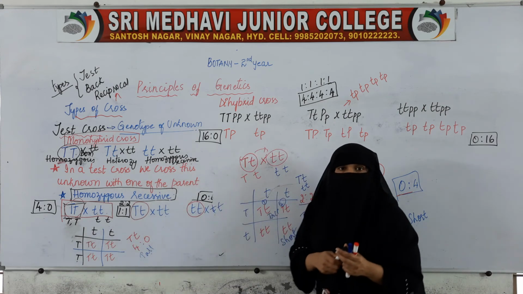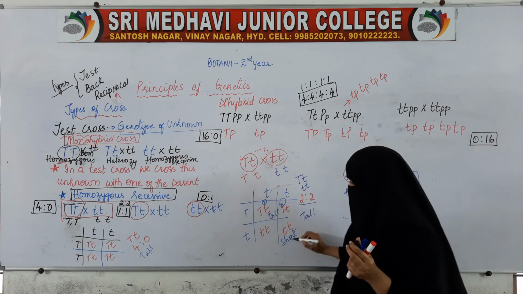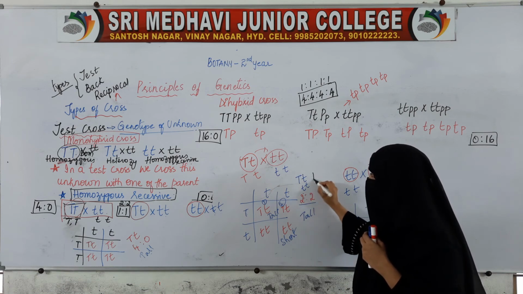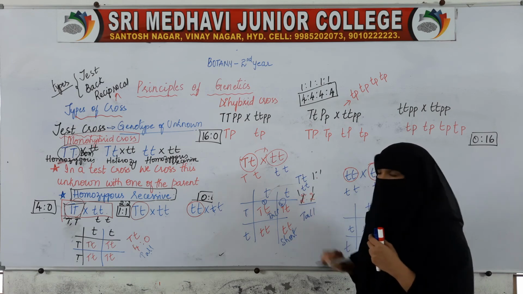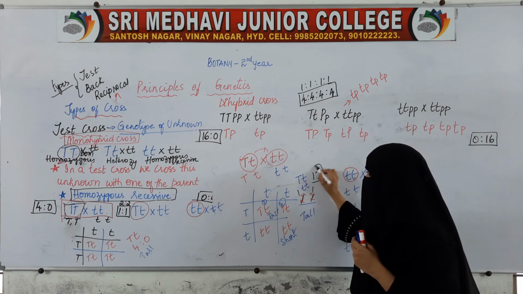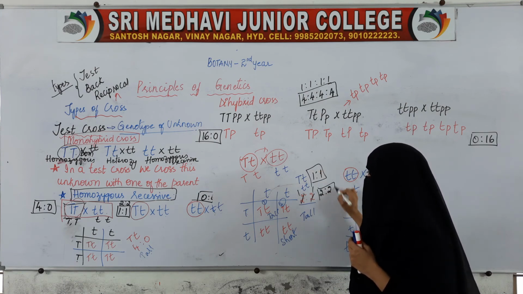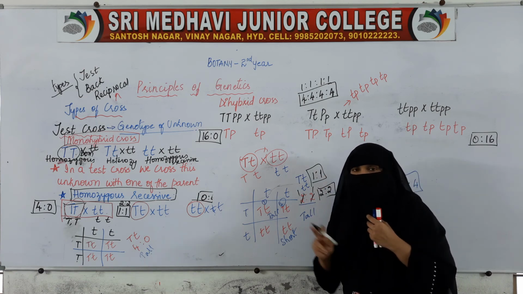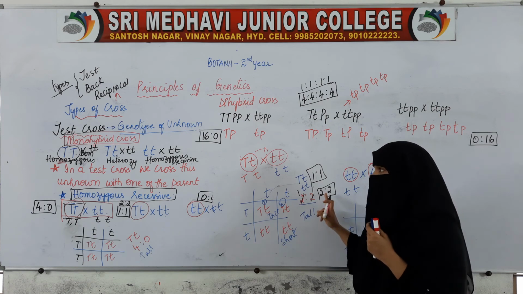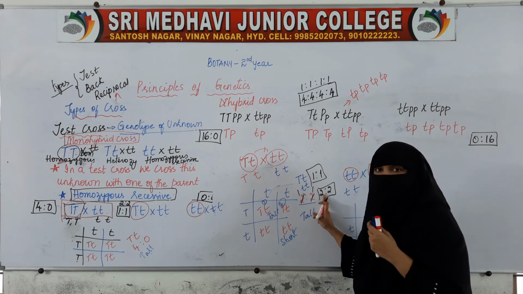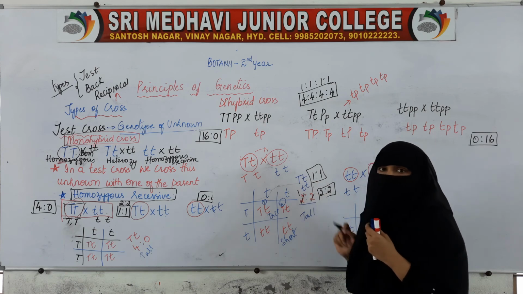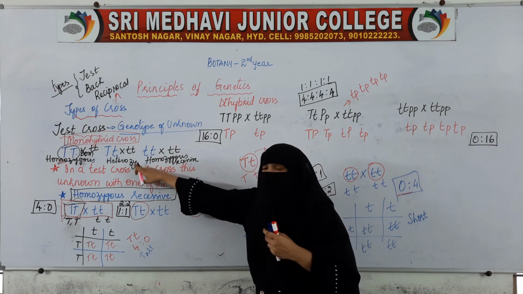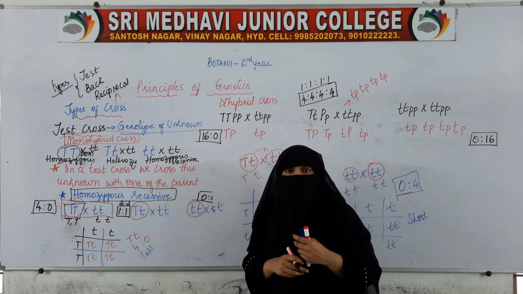But if we have the ratio 2:2, which can be simplified as 1:1, then the unknown will be heterozygous.